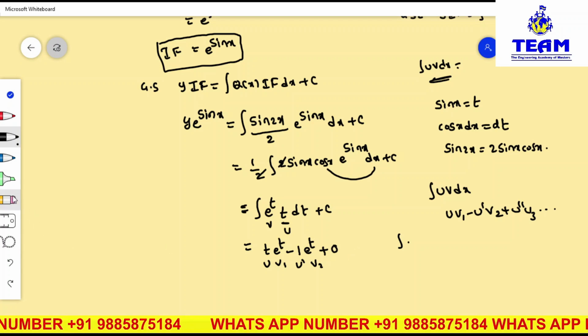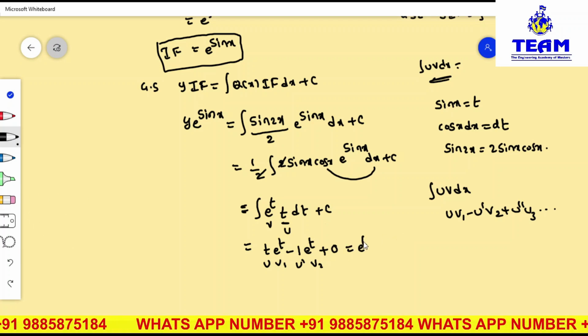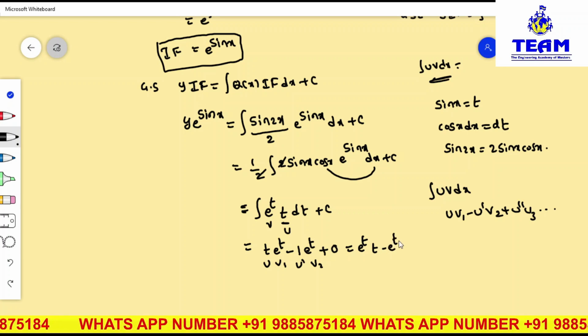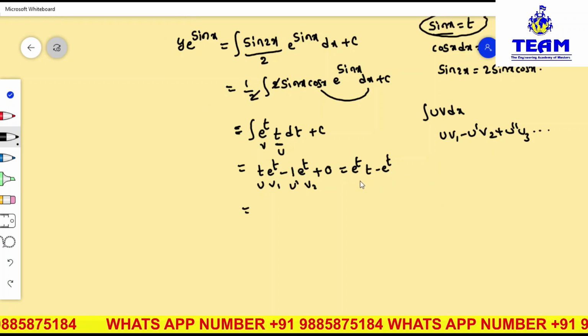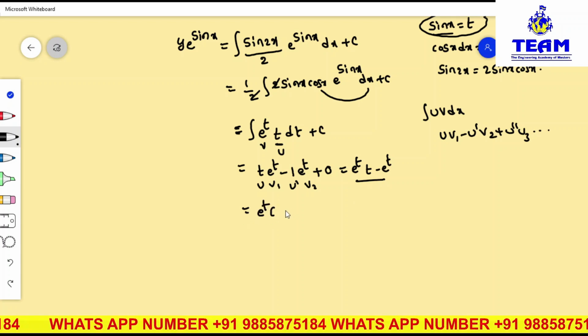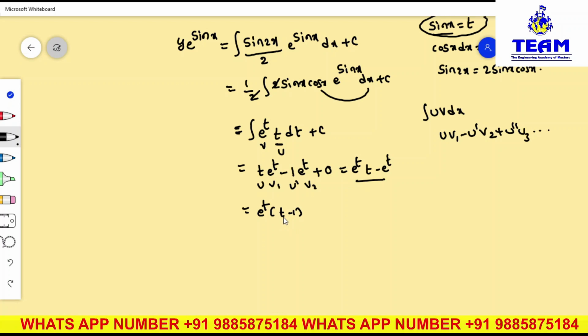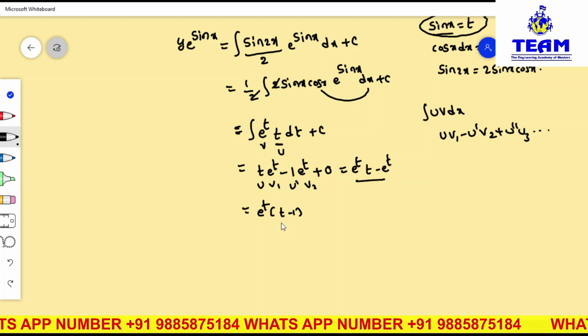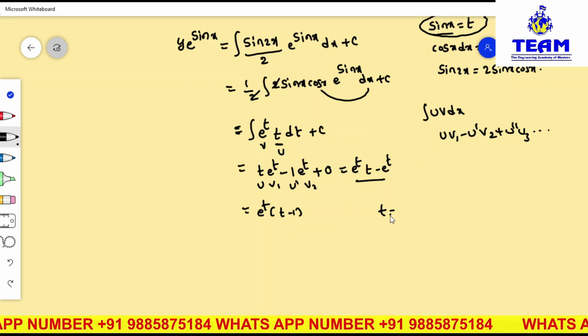If you simplify this, then e to the power of t into t minus e to the power of t. Friends, from this you can take e power t as common. Then we will have t minus 1. Now the general solution should be in terms of y and x only, but here you have a t. So replace t by sin x.